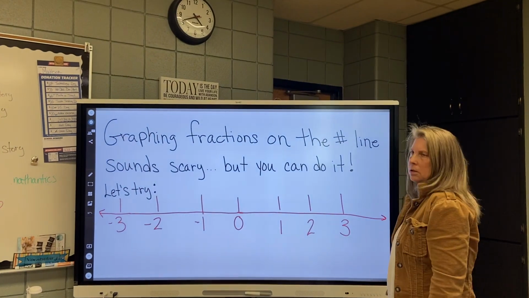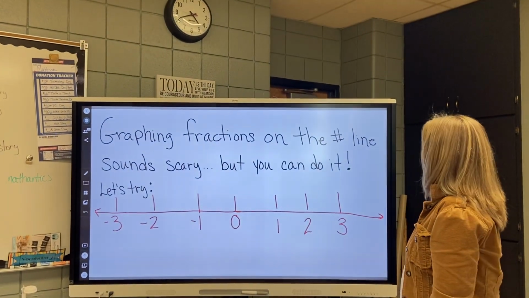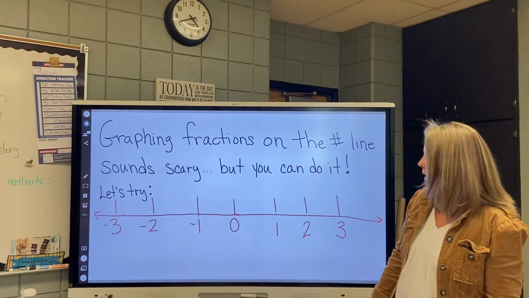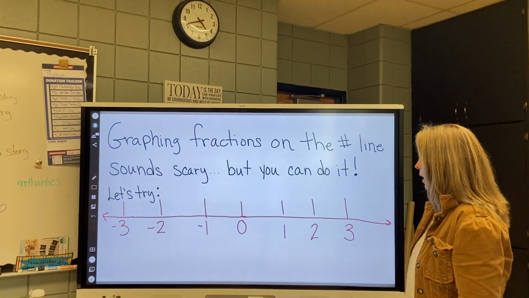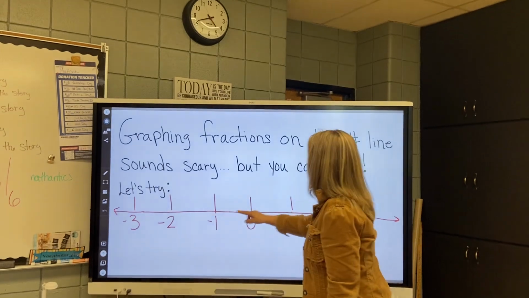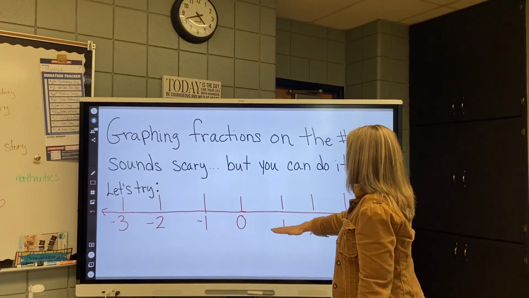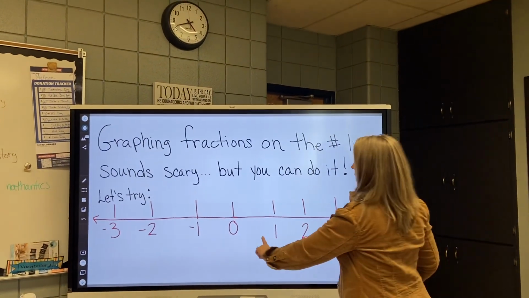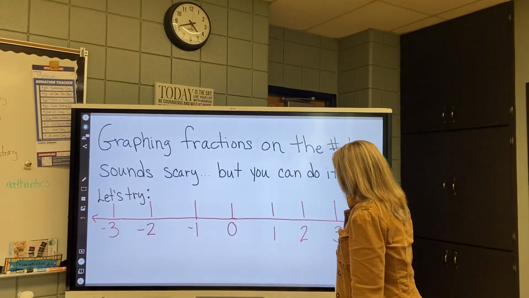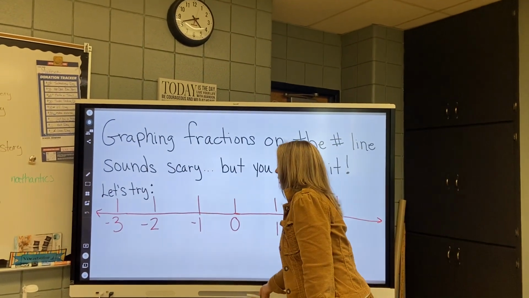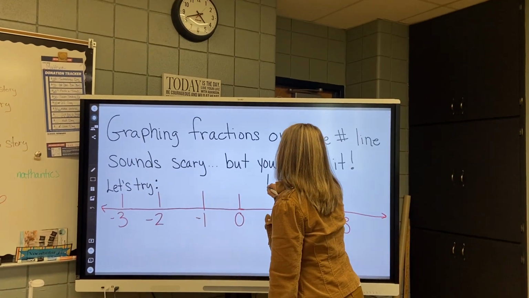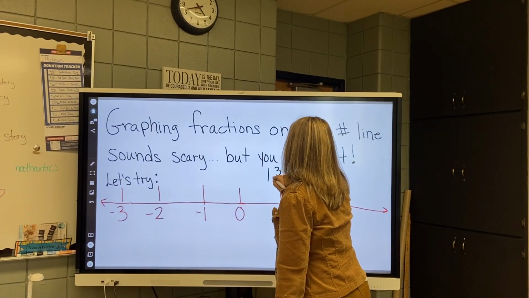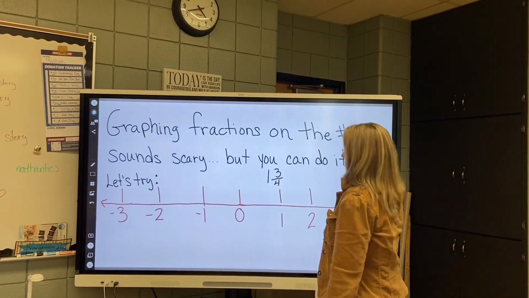Graphing fractions or rational numbers on the number line sounds kind of scary, but you can do it. Let's try. Here's my number line, with my positive numbers on the right and my negative numbers on the left of the 0. Let's say I want to graph 1 and 3/4.